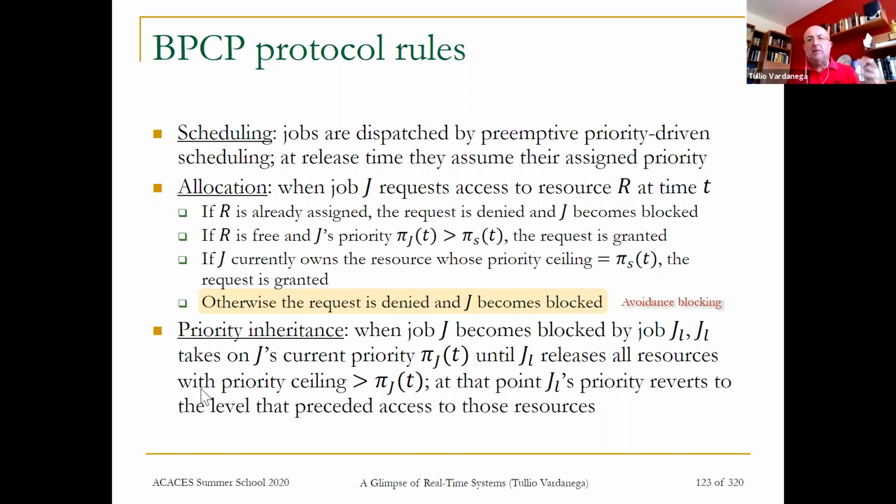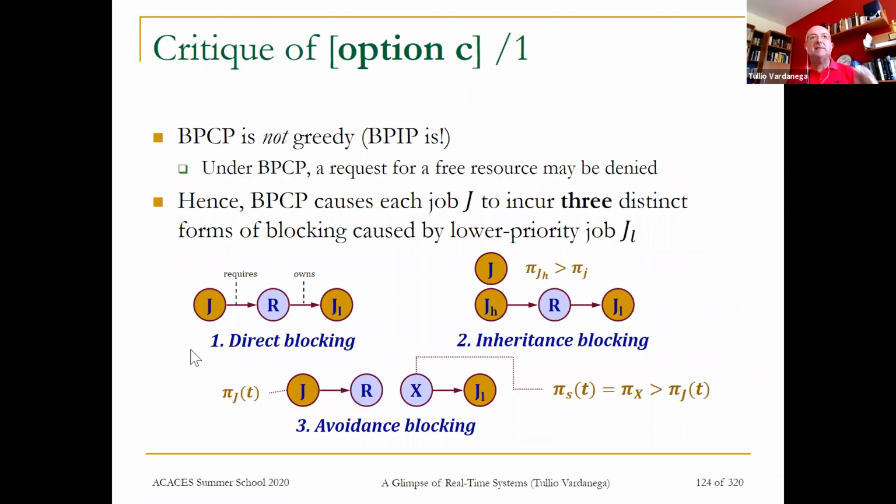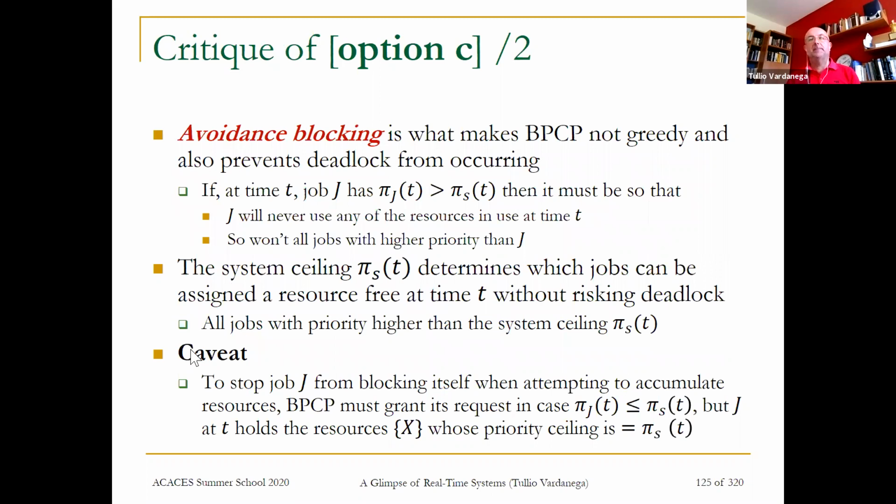It means, wow, this begins to be complicated and sophisticated. So I'm using a system ceiling value, which I have to monitor all the time. But the benefit is that I am giving resources in a manner that avoids deadlock. Not only that, it has an additional property.